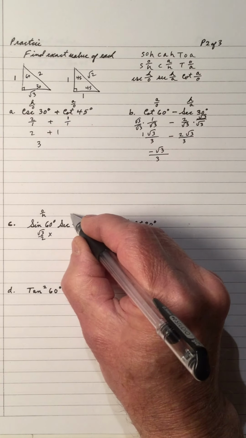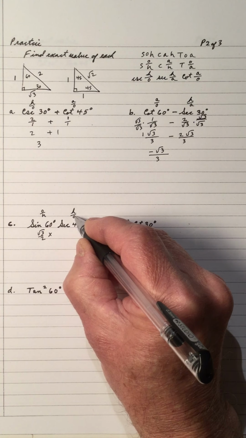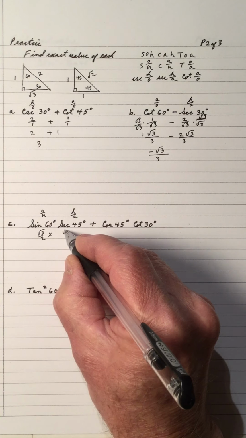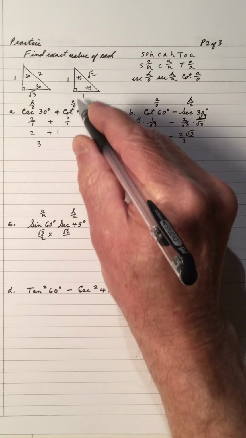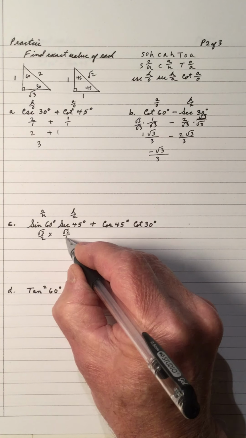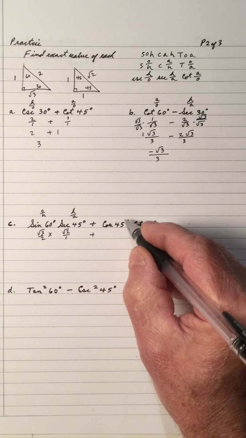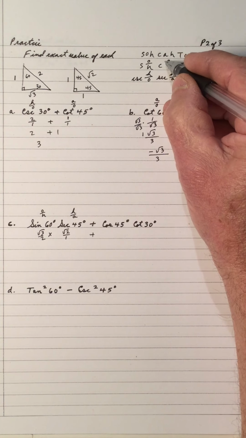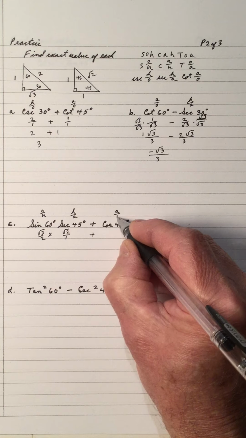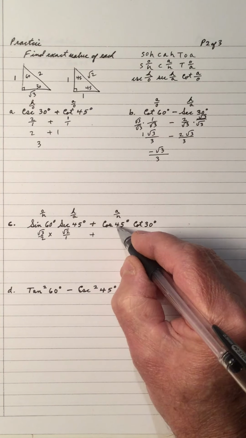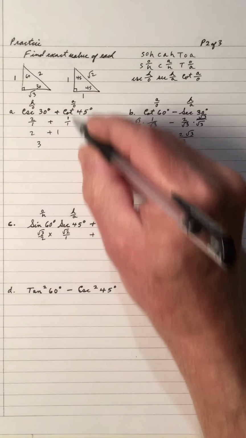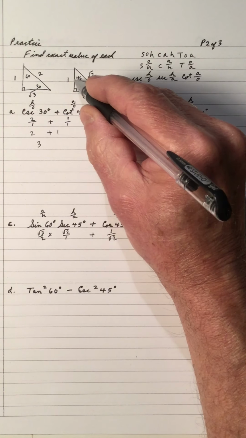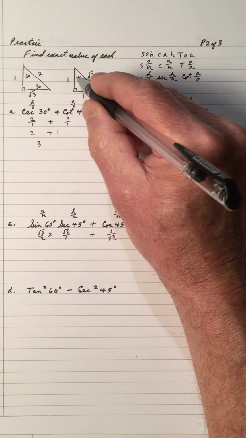Secant is hypotenuse over adjacent. 45, hypotenuse is root 2 over the adjacent, two of them are the same. 1, plus cosine 45. Cosine is adjacent over hypotenuse. So 45-degree angle adjacent is 1 over root 2. Remember, the two angles are equal, so 1 is by both angles.